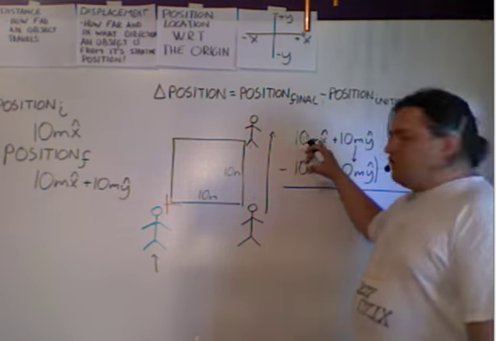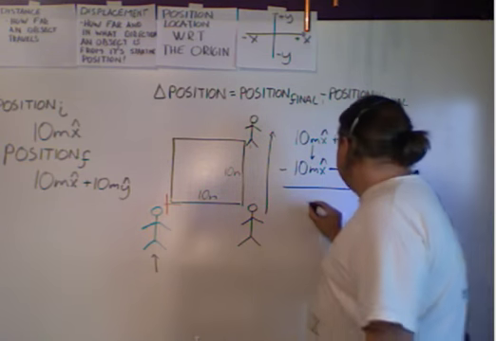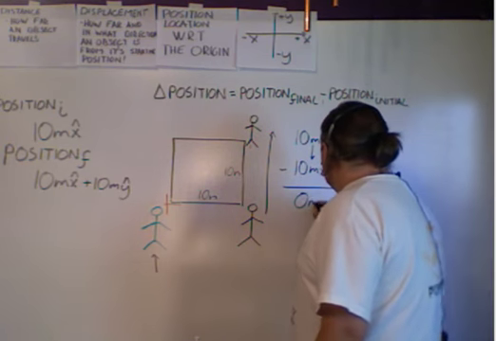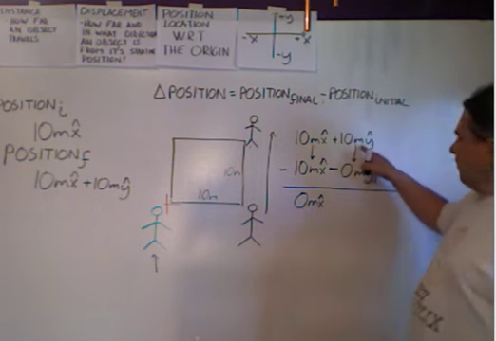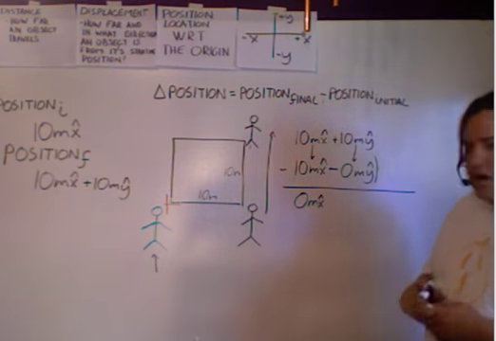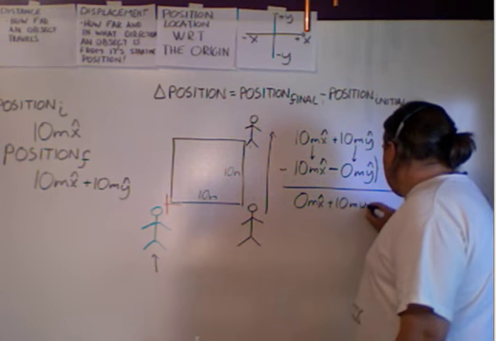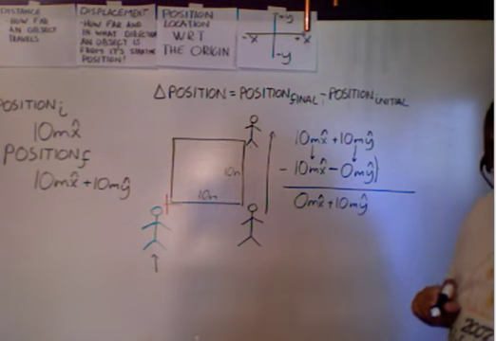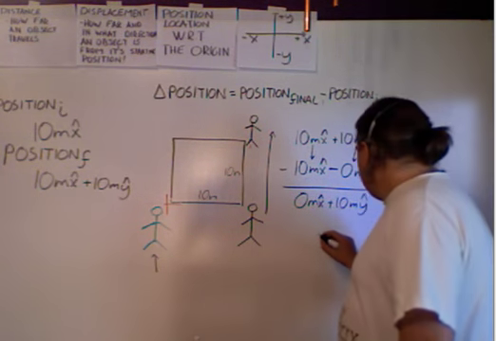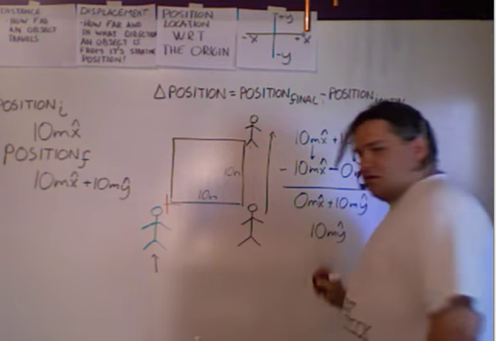So what's 10 meters in the x minus 10 meters in the x? 0. Okay? What's 10 meters in the y minus 0 meters in the y? Cool? That means that his displacement is going to be 10 meters in the y.